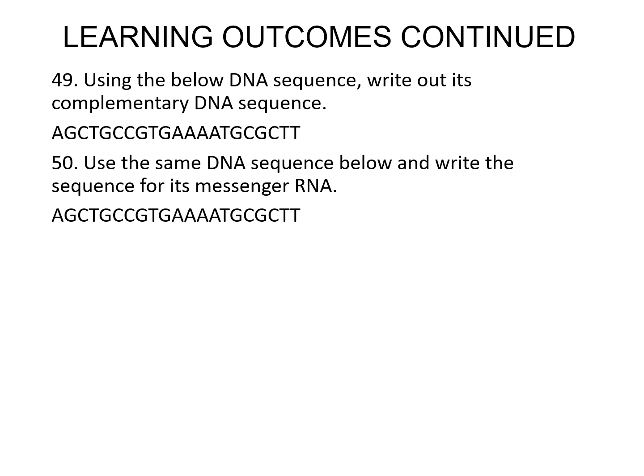We covered this in Chapter 2 in regards to DNA and RNA sequencing. And all it's asking you is to use the below DNA sequence to write out a complementary, or the other side of the DNA sequence. So all it's asking for are the best friends. So you already know that A is always best friends with T, and G is always best friends with C, and C best friends with G, and so on and so forth.